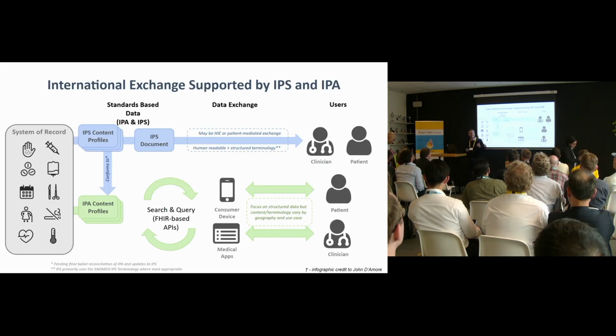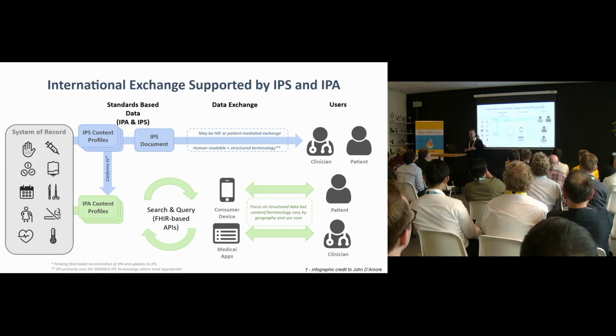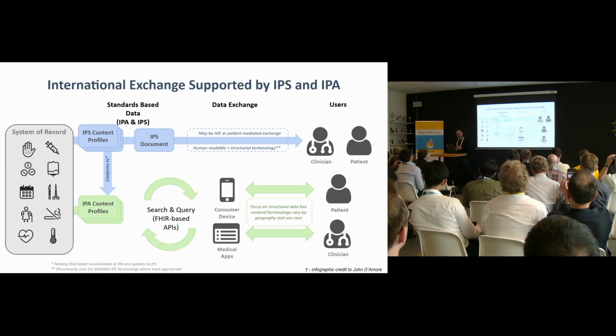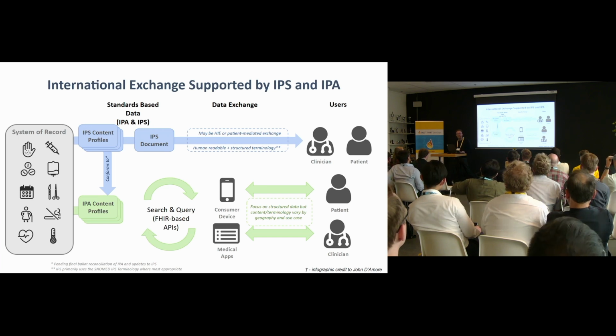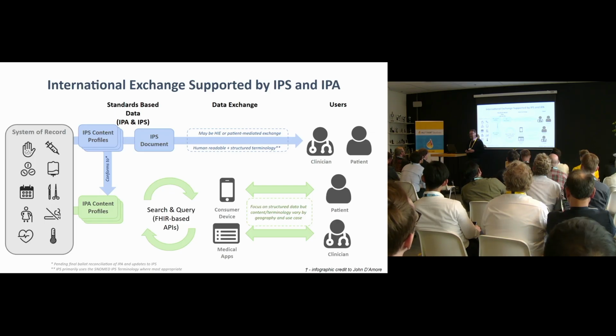Okay, so you've heard about IPS, the International Patient Summary. IPA is, in addition to an abbreviation for a style of beer, the International Patient Access Project. So access and summary. We work really closely with the IPS project. We have interrelated content profiles and operations.